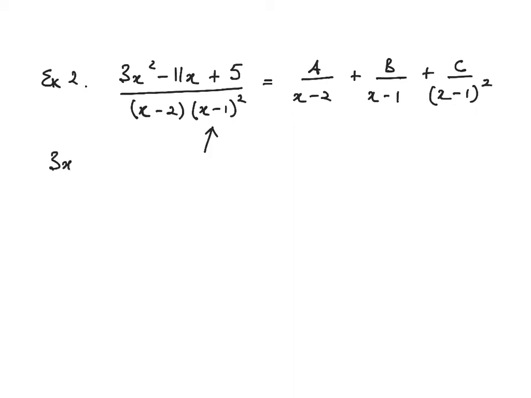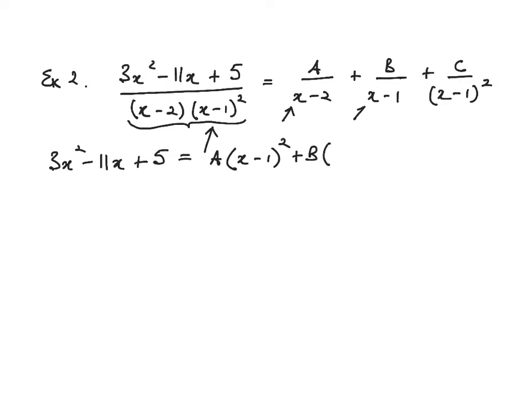So 3x squared minus 11x plus 5. I'm going to multiply x minus 2 by x minus 1 all squared to get the lowest common denominator. So I must multiply the a by x minus 1 all squared.